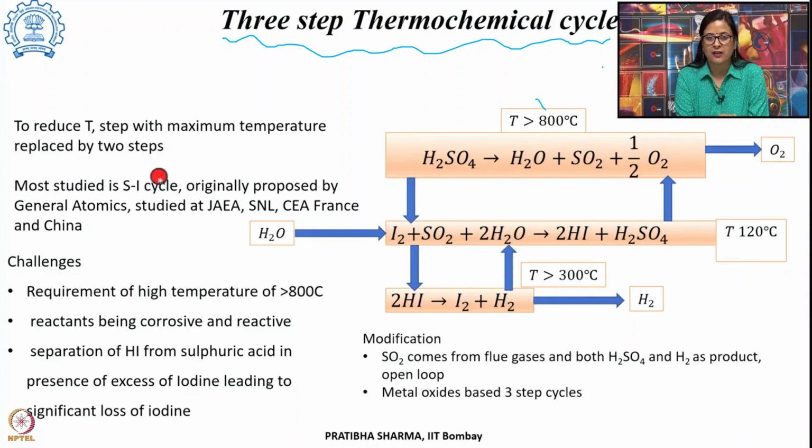Why are we reducing the temperature? Because for water splitting we do not need to utilize a high amount of heat or temperature. We always want water dissociation at low temperature.